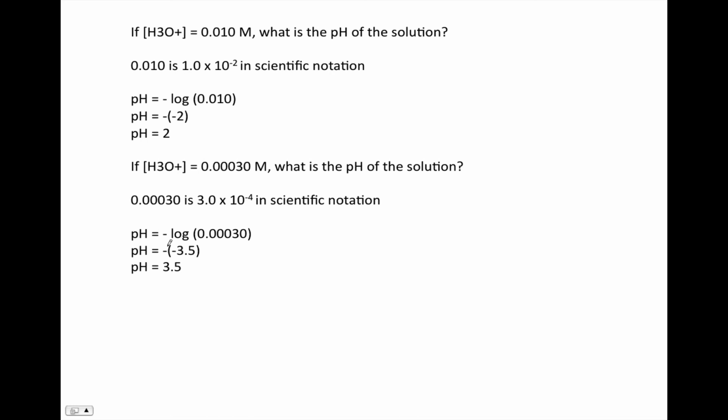The pH is found by taking the log of this on your calculator: type in this number, take the log of it, and then change the sign. Don't type in the negative before you take the log, so you're taking the log of a positive number. When you do that, you get negative 3.5, so the pH is 3.5. Again, you'd expect an acidic pH because this concentration is much larger than 1 times 10 to the negative 7th.